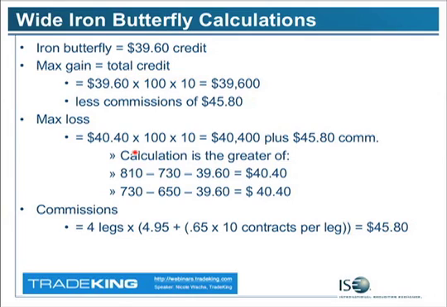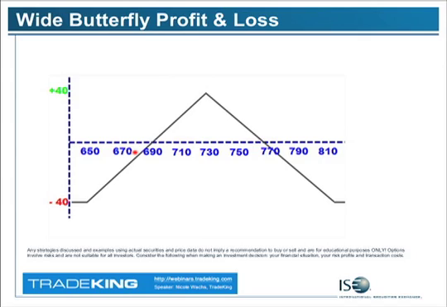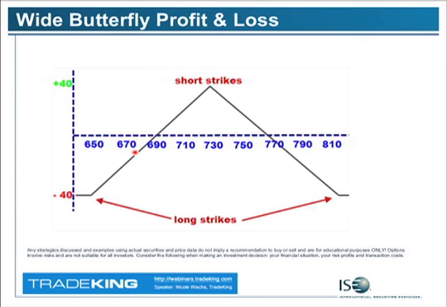You can make a maximum of close to $40 per contract, and you can lose a maximum of $40 per contract. All right. Just to reiterate, the short strikes are the 730, and that's what is causing this peak here up at 40. And the long strikes, which cap out the risk at a defined amount at minus 40, show down here.